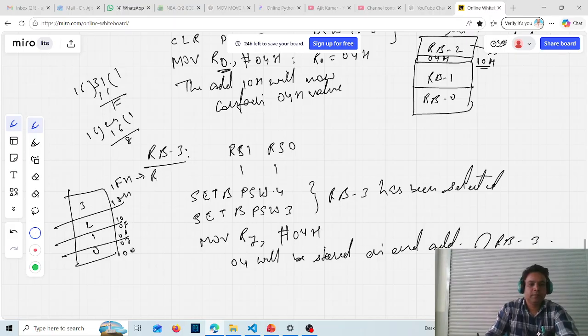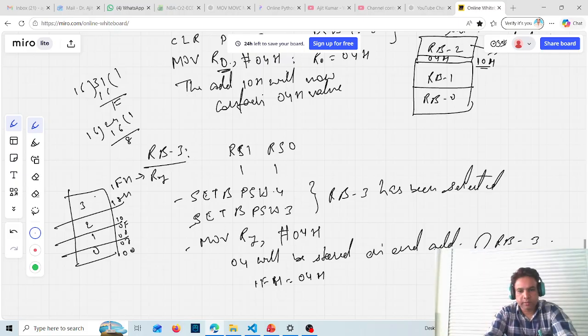This 1FH is pointing to R7. So address 1FH will contain this value 04H, because we have selected register bank 3 using these two instructions and then I'm writing MOV R7, #04H. This is how register banks are selected by two bits of your PSW register.